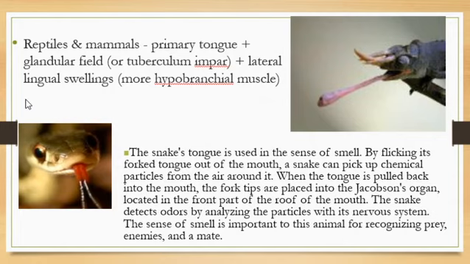It is not used for prey capture but for sensory purposes. When the tongue is pulled back into the mouth, the fork tips are placed into the Jacobson's organ, located in front of the roof of the mouth. Then the snake detects the odor by analyzing the particles with the nervous system. So this is how they smell. They flicker out their tongue and bring it to the Jacobson's organ.